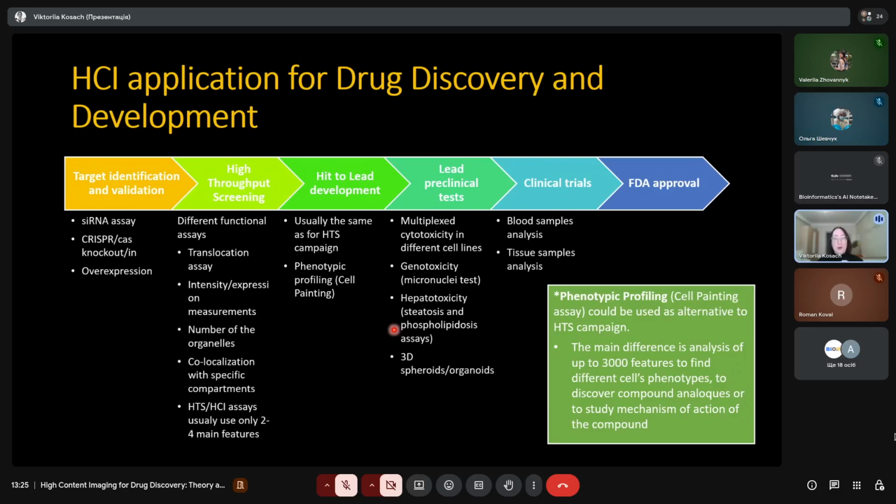These are very, very important because I think half of the drugs, or a lot of prospective drugs, do not appear at the market because of their hepatotoxicity or the hepatotoxicity of their metabolites.